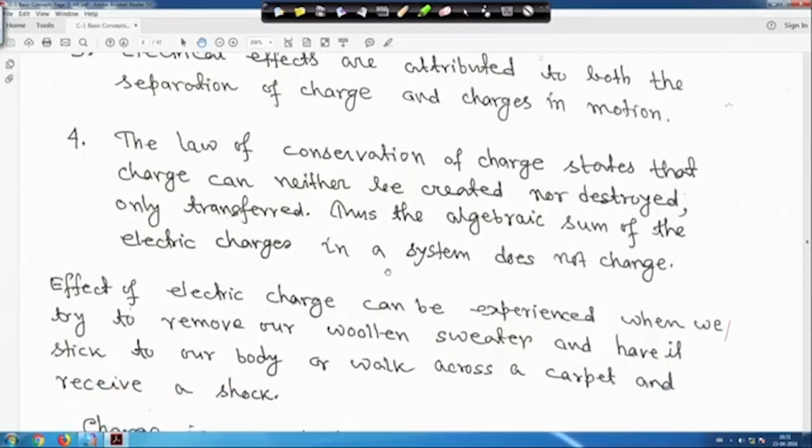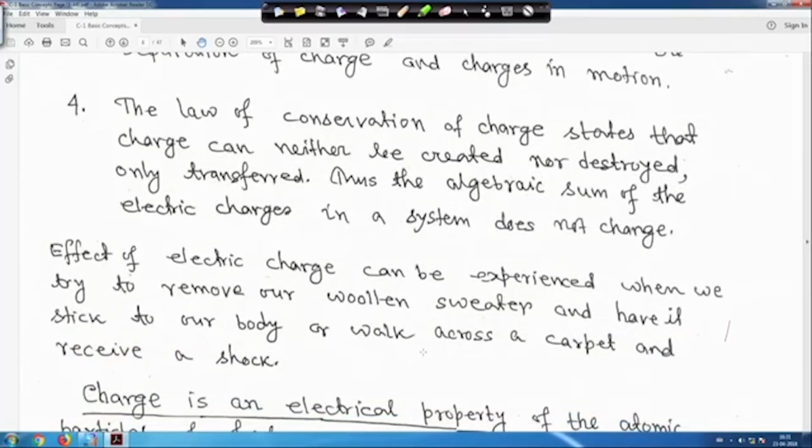The effects of electric charge can be experienced when we try to remove our woolen sweater in winter and it sticks to our body, or when we walk across a carpet and receive a shock.